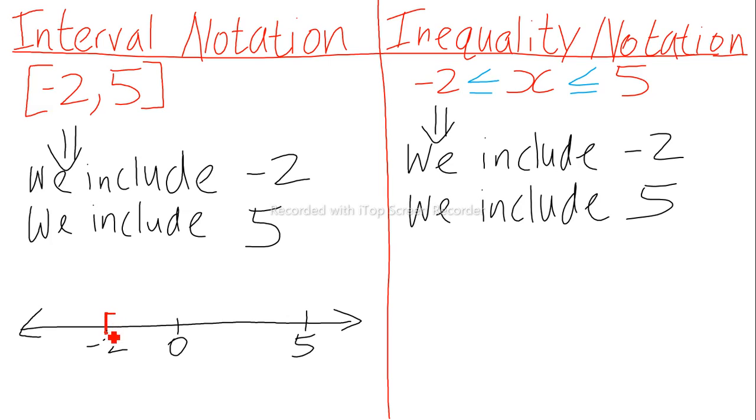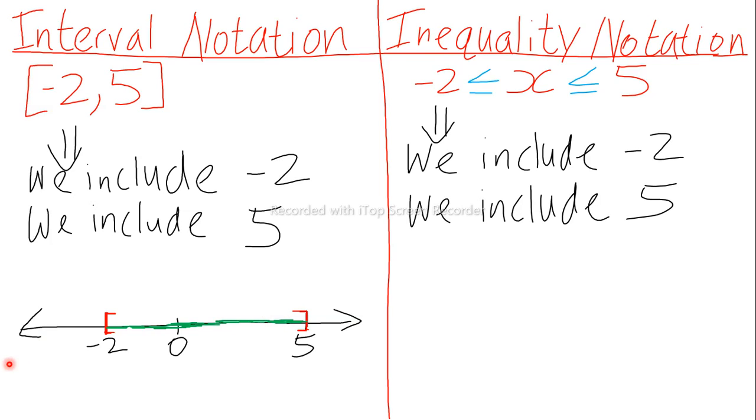We include -2 and we include positive 5. Remember, we are looking at all the numbers that are in between negative 2 and positive 5, but we also include the endpoints as well. So this is how we would graphically represent this inequality, this interval notation, on the x-axis.